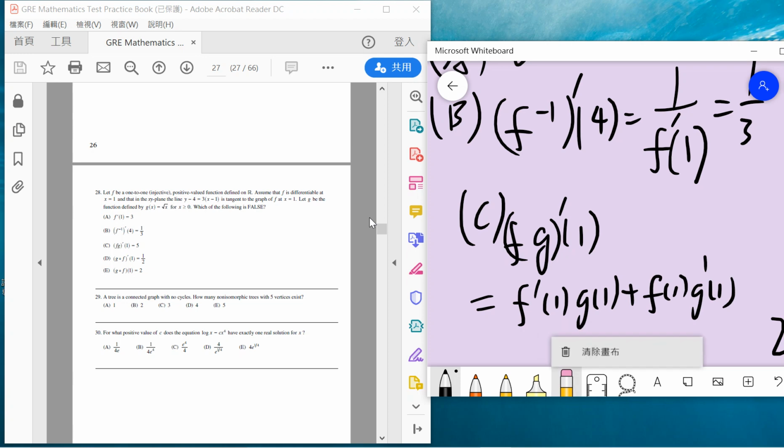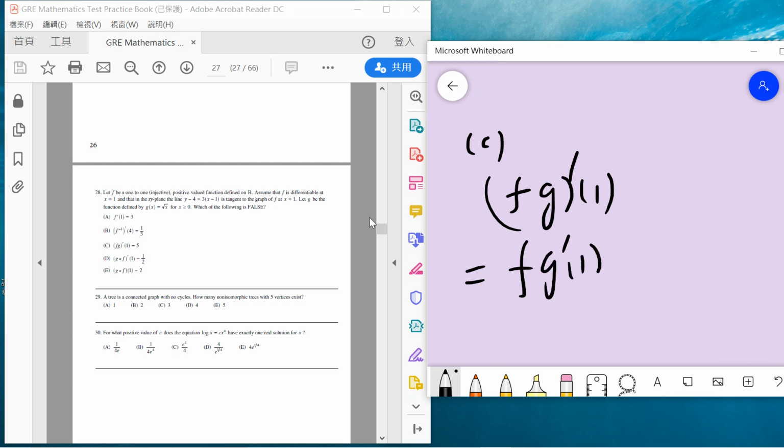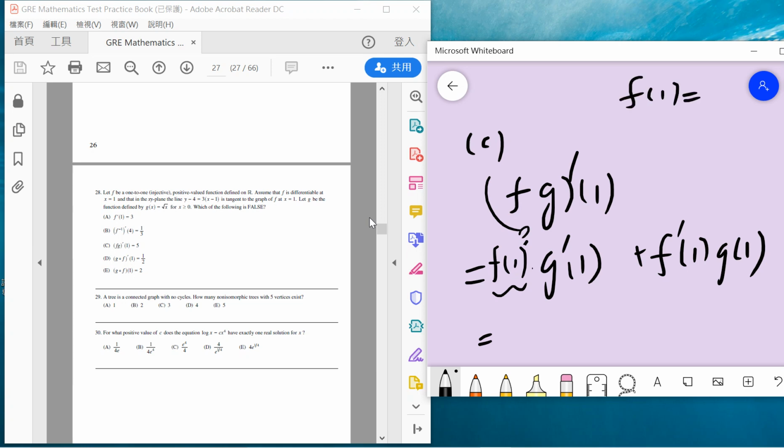Let me write again. So f of 1 is 4 times the g of 1. g of x is square root of x, and g prime of x is 1 over 2 square root of x.